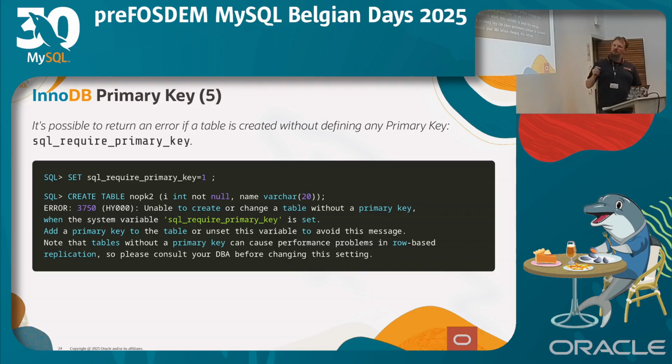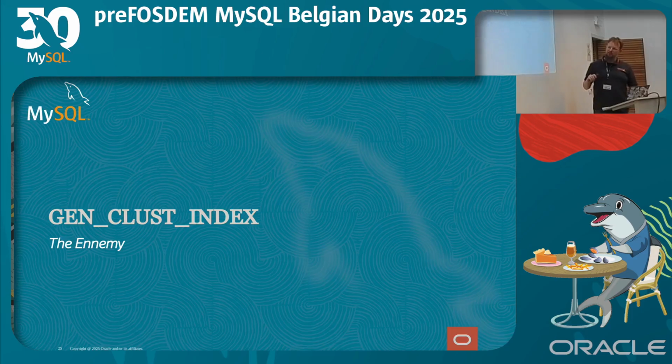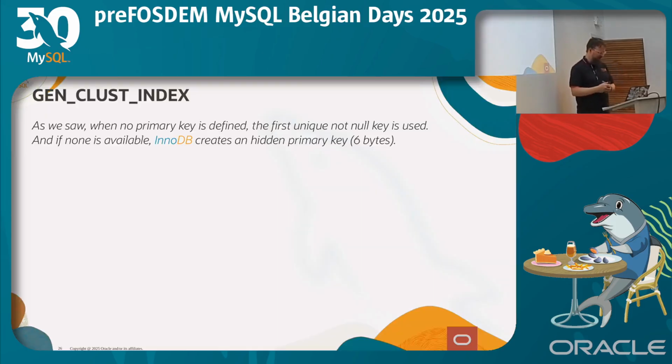Now, know your enemy: GEN_CLUST_INDEX. Who never heard about that? Okay, so already some people will learn one thing now, and the more we go, the more I hope people will learn stuff. So, as I said, when there is no primary key defined in InnoDB, the first unique not null key will be used.